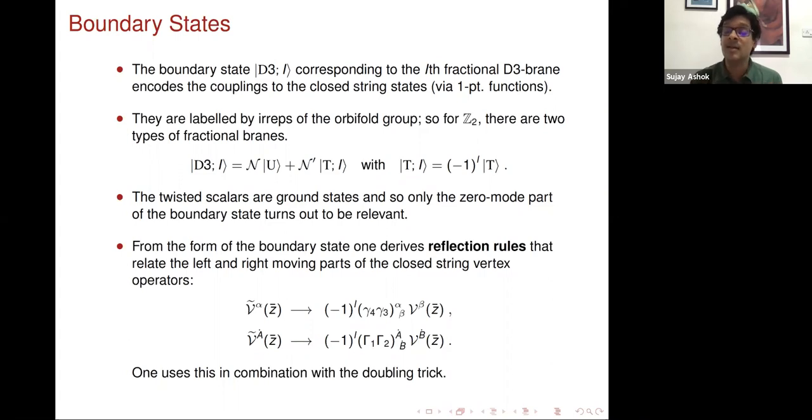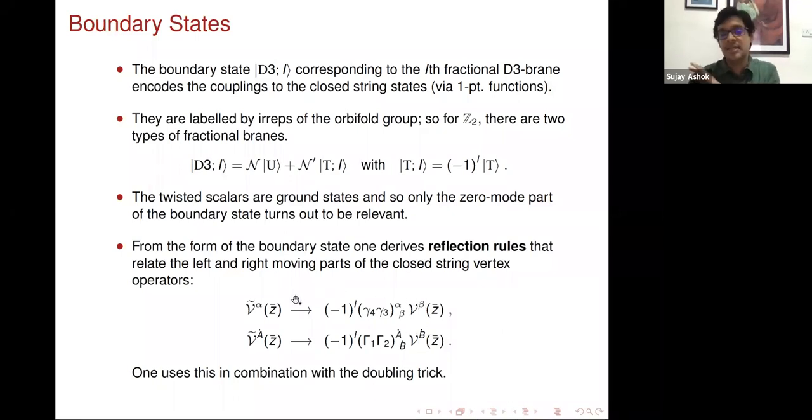It is well known that in the presence of a boundary, the left and right moving sectors of the closed string fields are related, and the boundary state exactly tells you how they are related. These are what I call reflection rules.